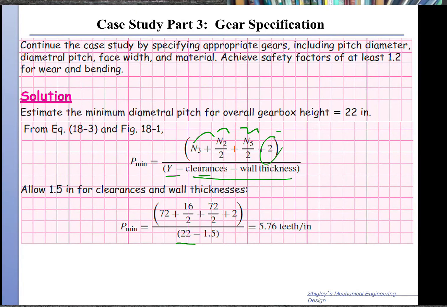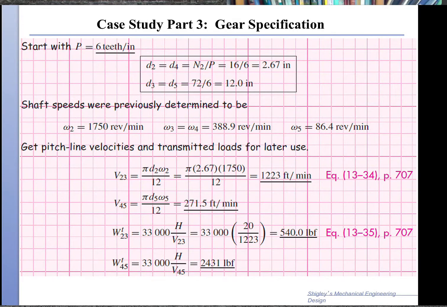So the distance Y is 22 inches basically, and we allow 1.5 inch for clearances, wall thicknesses, so we come up with 5.76 teeth per inch. That is the basic pitch that we have.